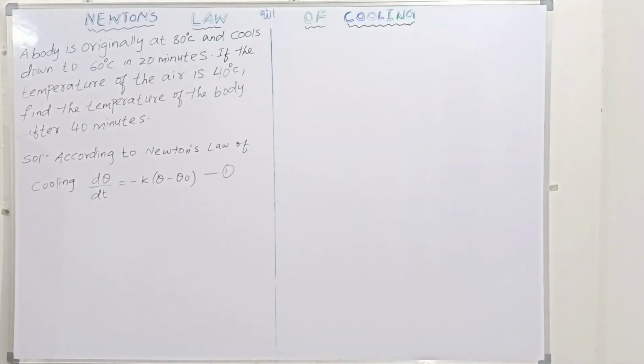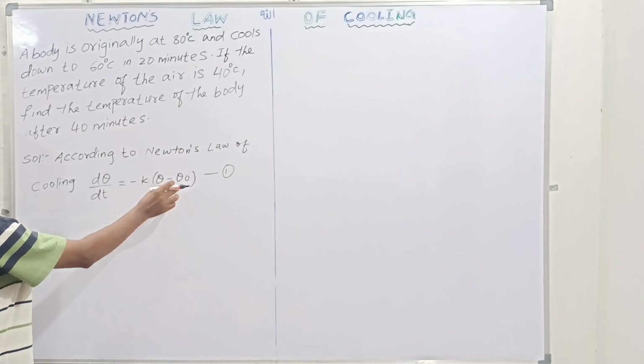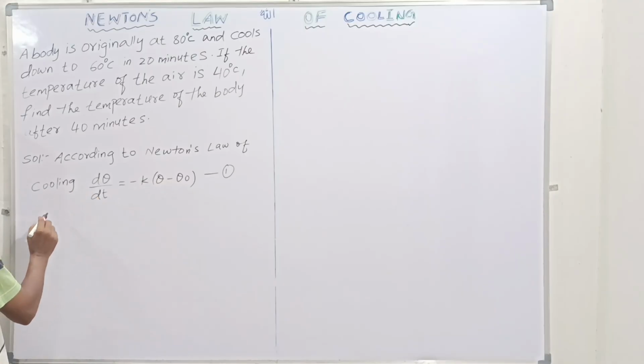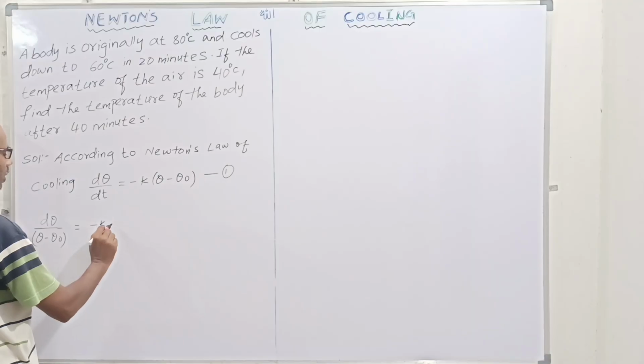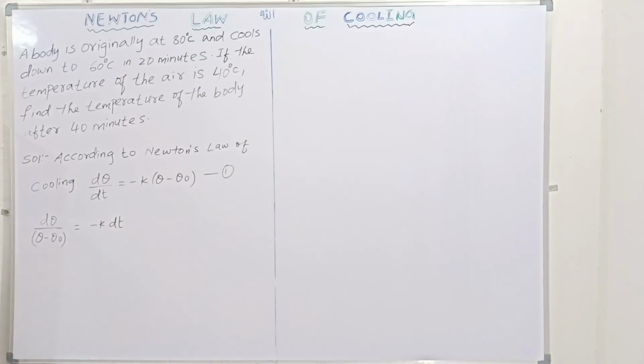Now to solve the problem, we have to use the variables separable method. So we will move the theta terms to the d theta side. So equation 1 changes to d theta by theta minus theta naught is equal to minus k dt.